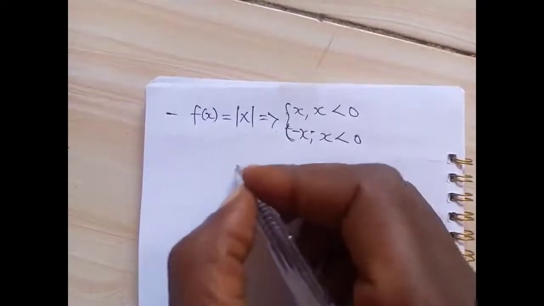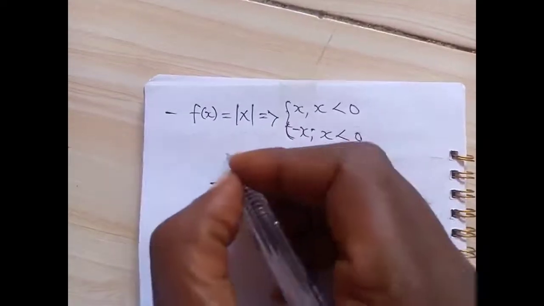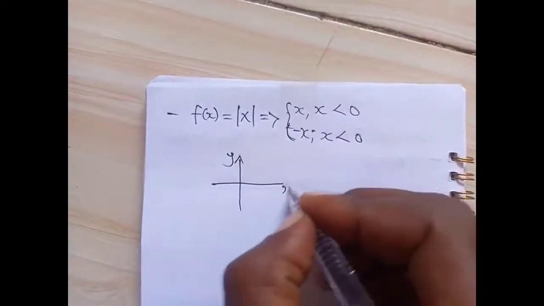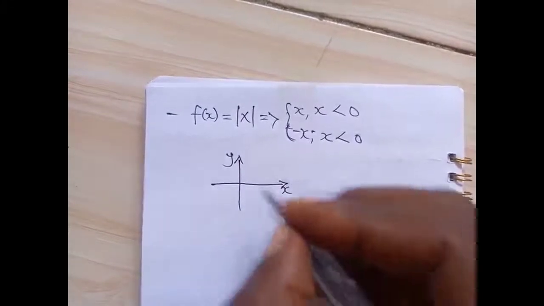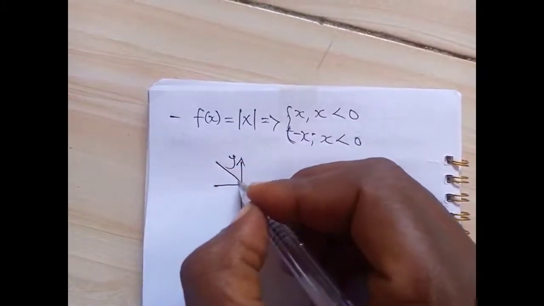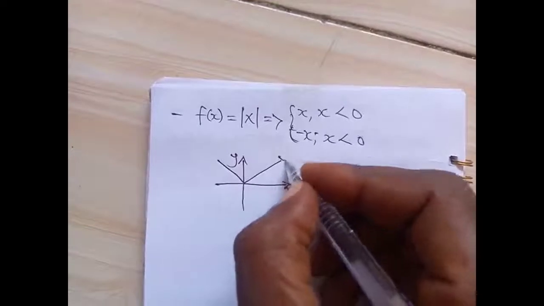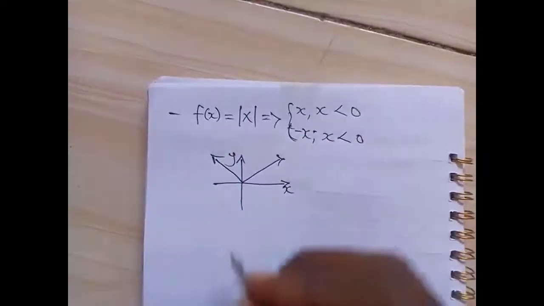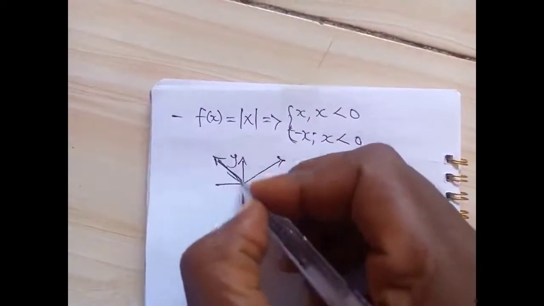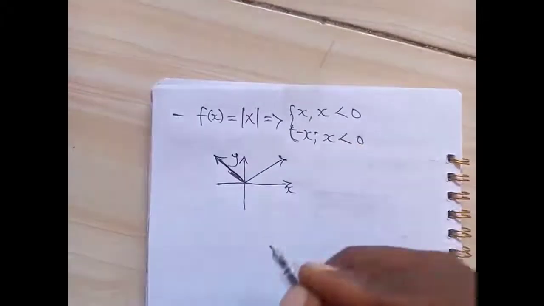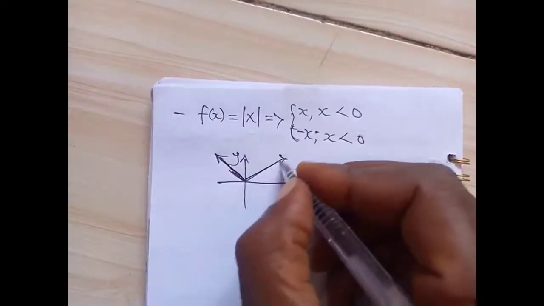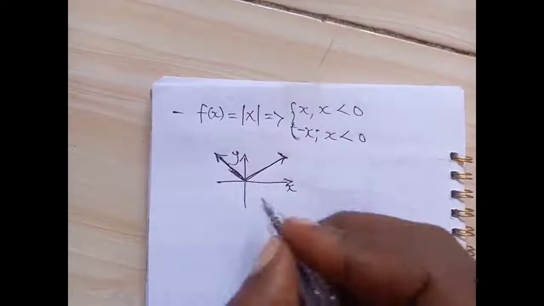So the graph, y and x, it just comes from here this way and it goes this way. So both are positive values of y. So that's how it goes.